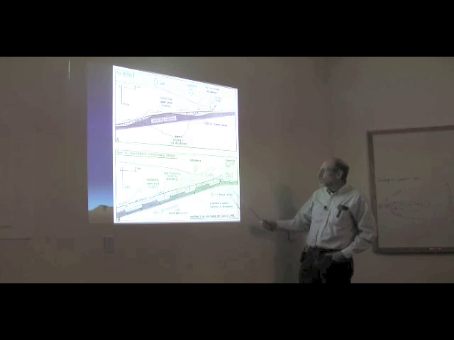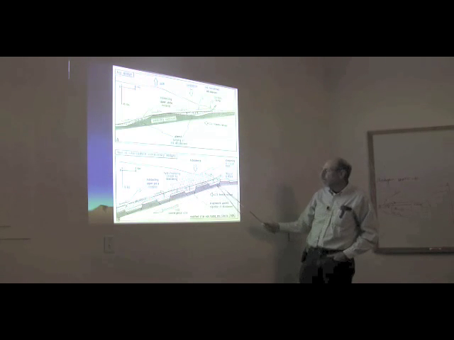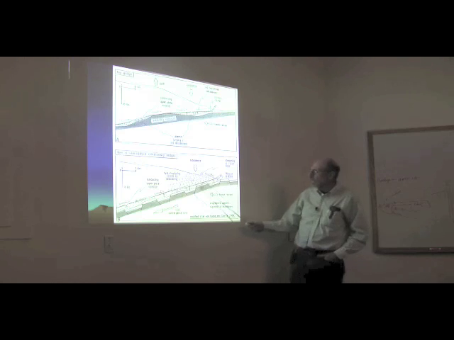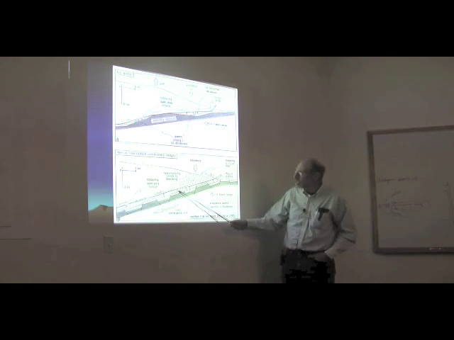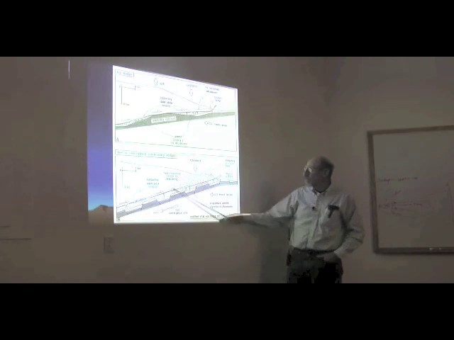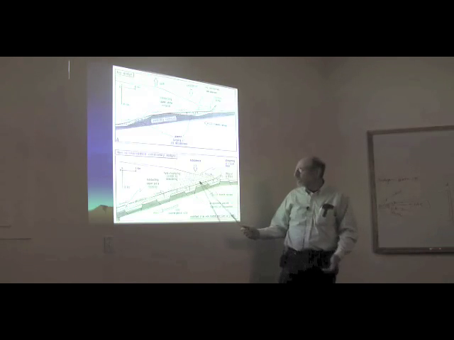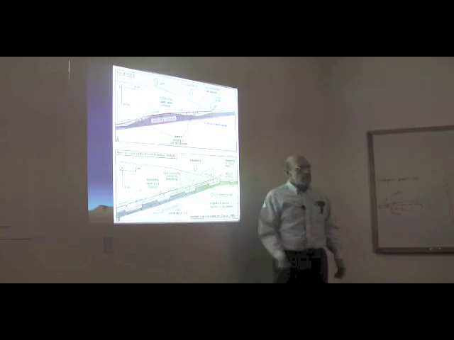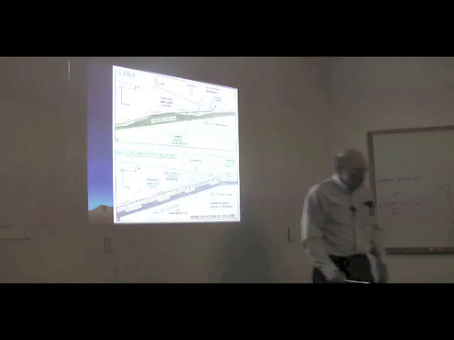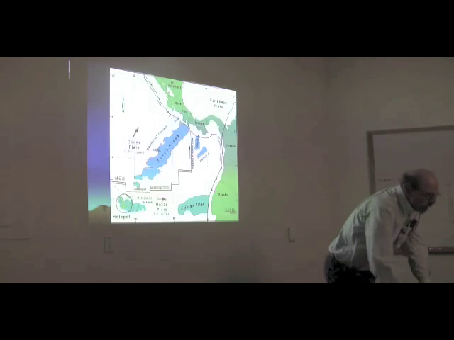Another is just the horsts and grabens, the faults in the downgoing plate, bringing down water-rich sediments that tend to weaken the base of the upper plate, and when that gets weakened, then it can be torn away and brought down. So these are a couple of mechanisms for subduction erosion.